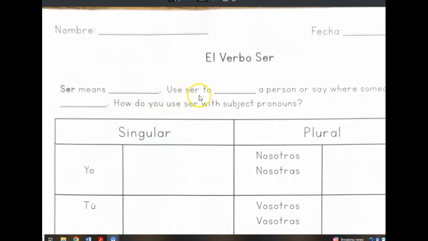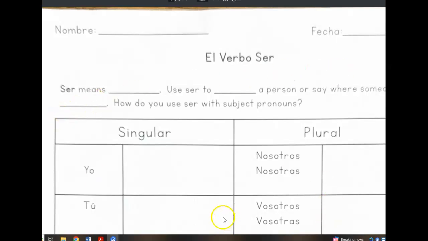We use ser to identify a person, introduce a person, describe a person, talk about a person. Any one of those verbs would work, or say where someone is from.